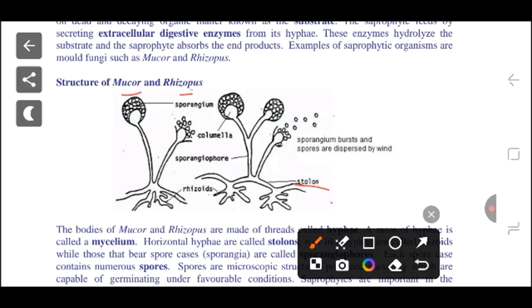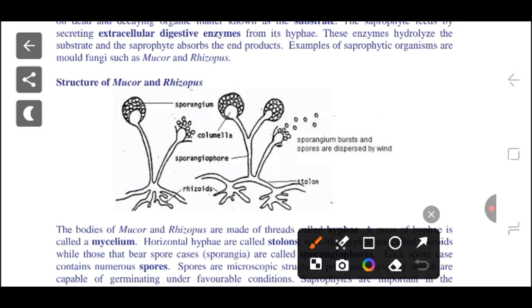This we know is the stolon, which holds the whole thing together. This is the sporangium, which produces the spores, which go ahead again and form another Mucor.